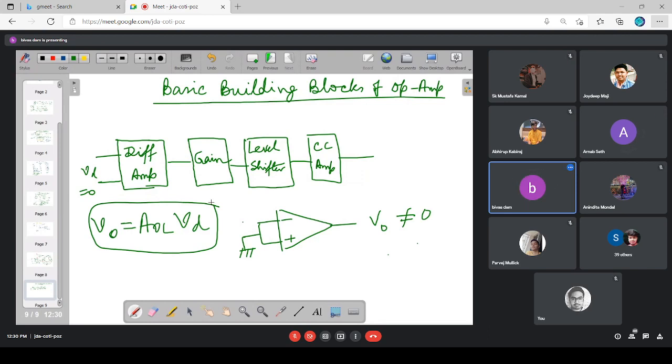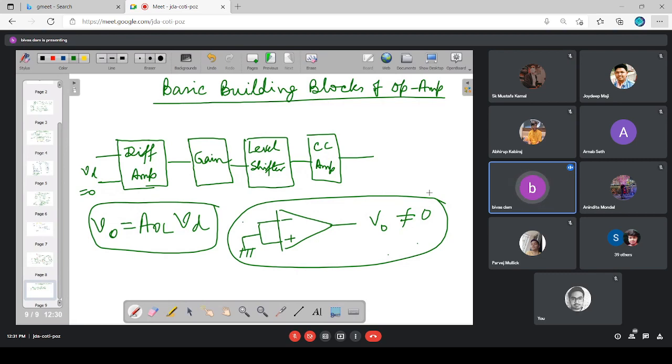But here, to explain this nature of the output response, I have to introduce some mathematical relationship between the input and the output. Yes, sir. So to do that, we have no other way but to take help of an assumption. I am emphasizing the term assumption.